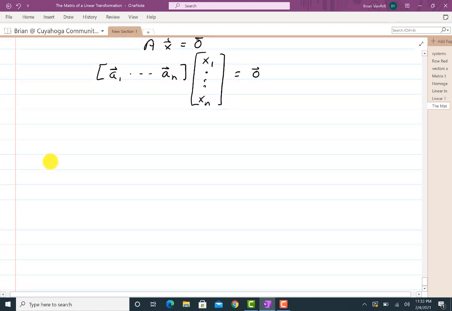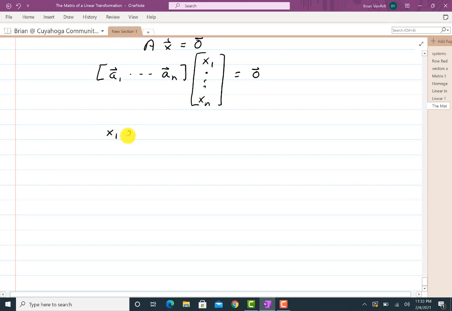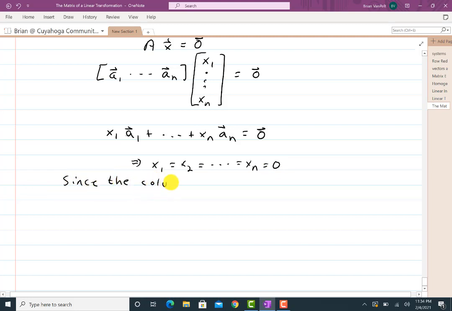And of course, this means x1 a1 plus dot dot dot plus xn an equals the 0 vector. And we know this implies that x1 equals x2 equals dot dot dot equals xn equals 0, since the columns of A are linearly independent.